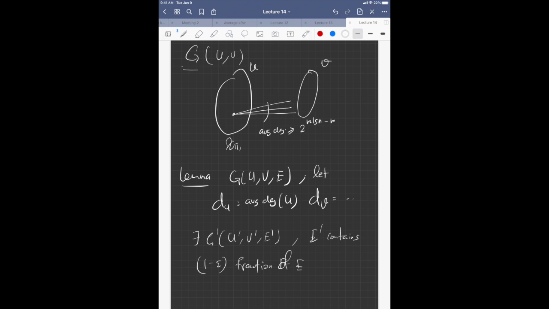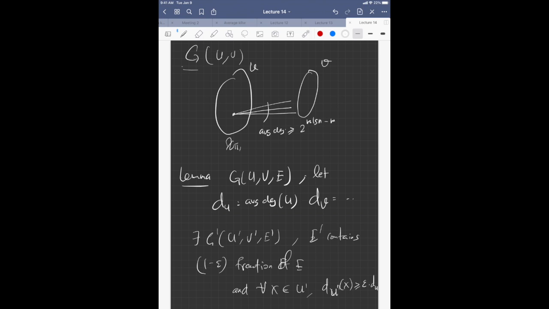And the min degree of all the vertices on the left hand side is quite close to the average degree. So for all x in U', the degree of x in U' is at least epsilon times the average degree of U.